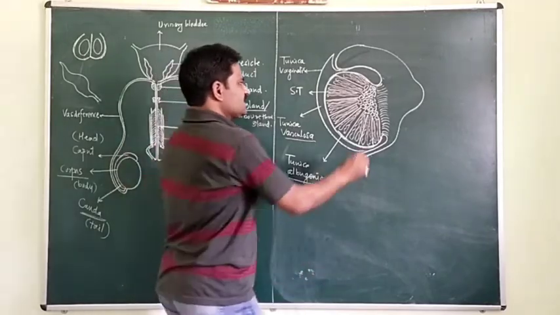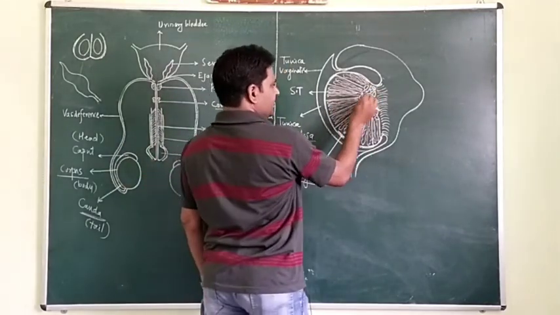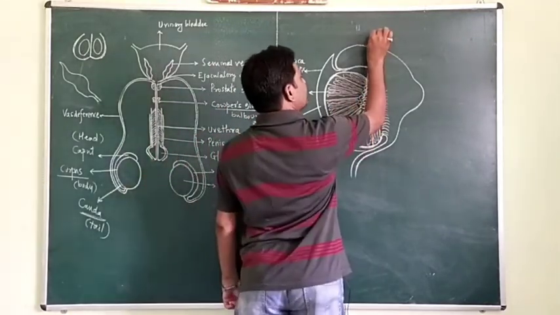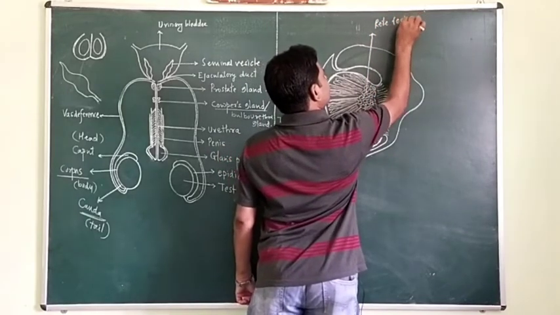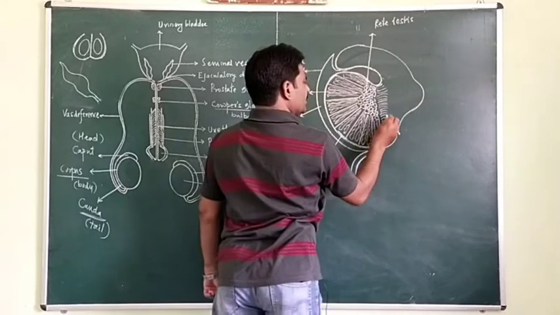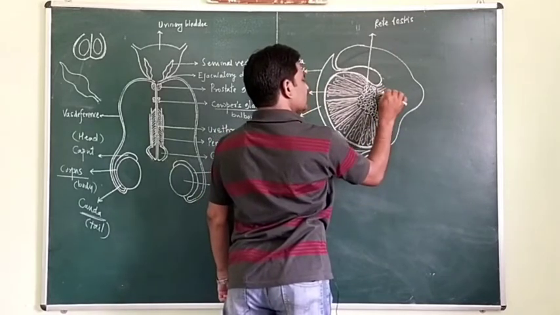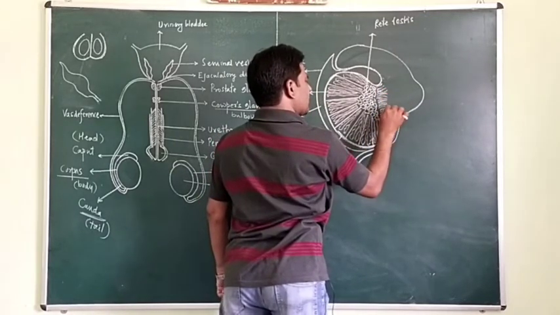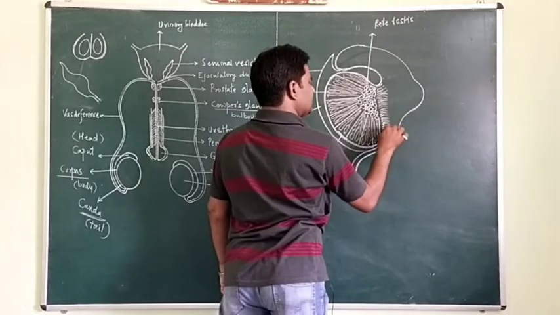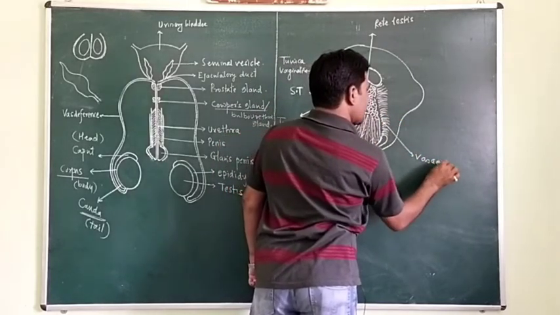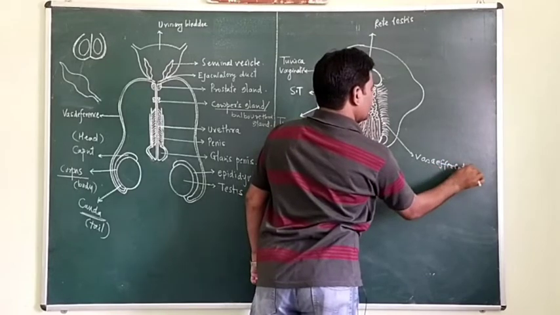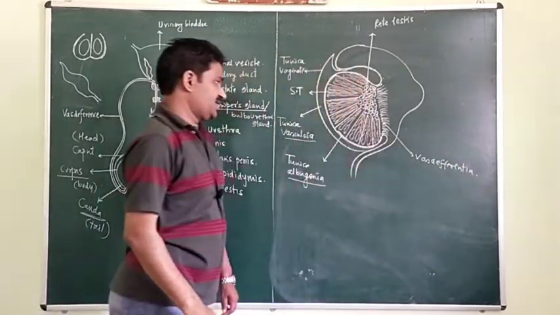Seminiferous tubules open into the rete testis. The rete testis continues into small capillaries called the vasa efferentia.